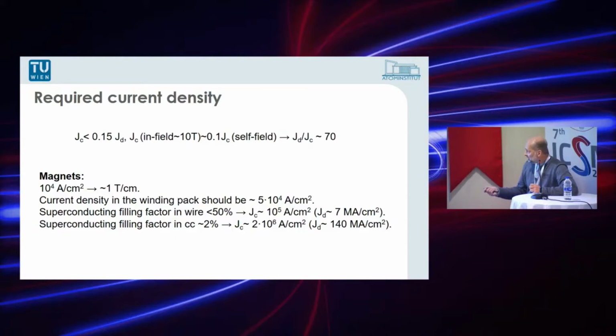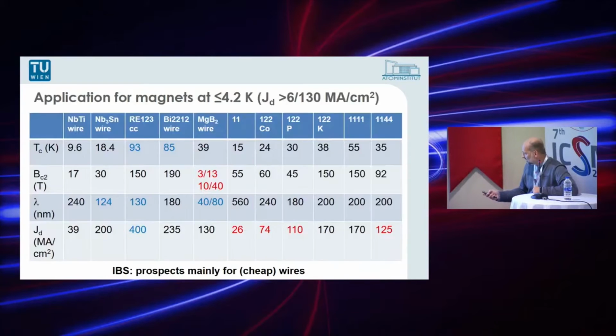And now, of course, this is engineering current density, and going here back to the Jc, if you have a wire with a high filling factor, you would then end up with the requirement for a bearing current density of 7 megaamps per square centimeter. On the other hand, if you plan to make a coated conductor with a filling factor of, let's say, 2%, you need a very high bearing current density. And looking here again at these values, you see that only 2 compounds of the iron-based superconductors would fit this requirement.